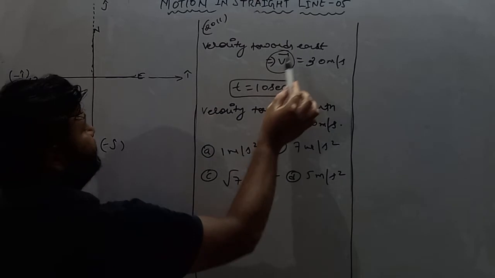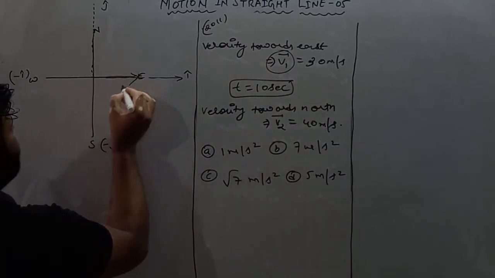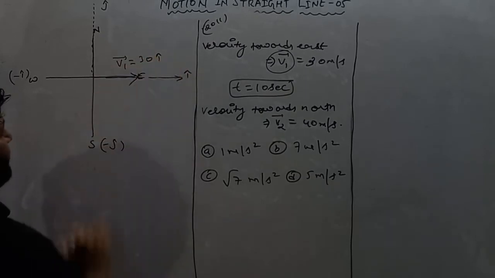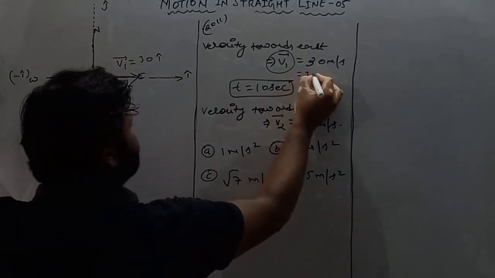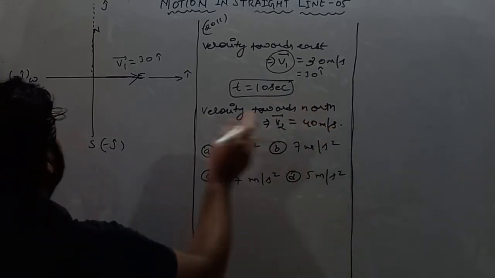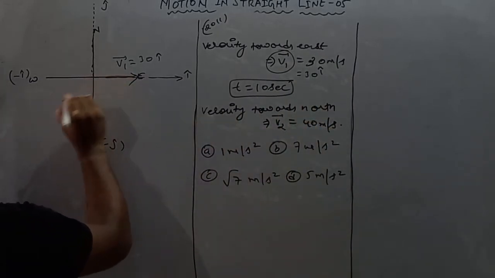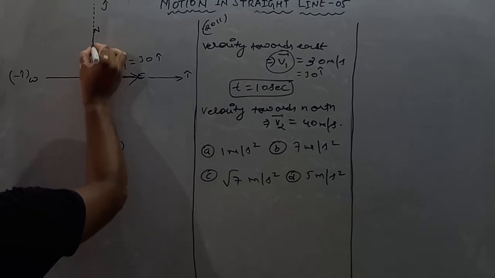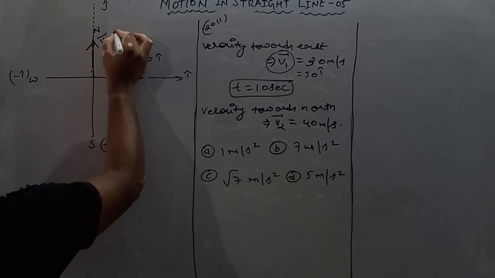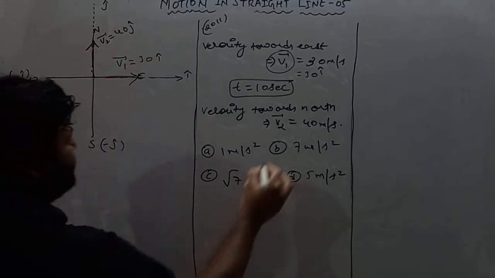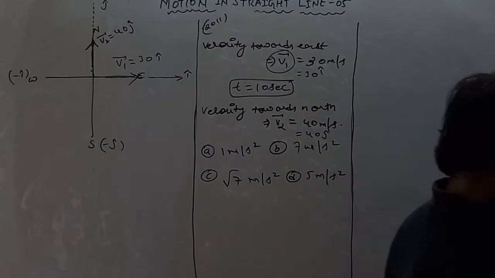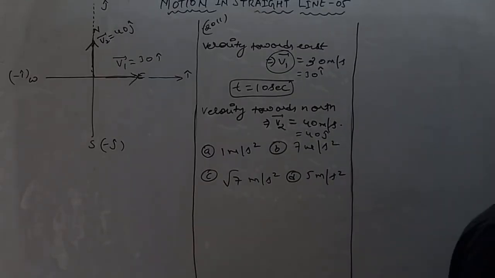So velocity towards east is 30 i cap. After 10 seconds, it moves towards north, and this velocity magnitude is 40, so I'll write 40 j cap. I hope you all are understanding my point.